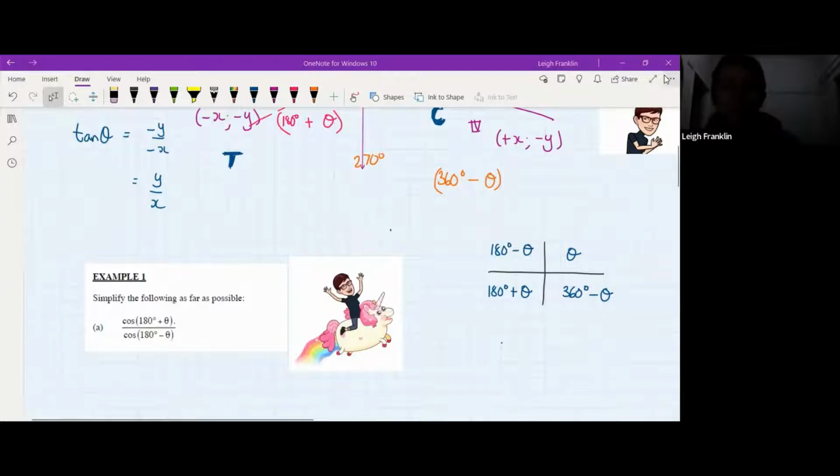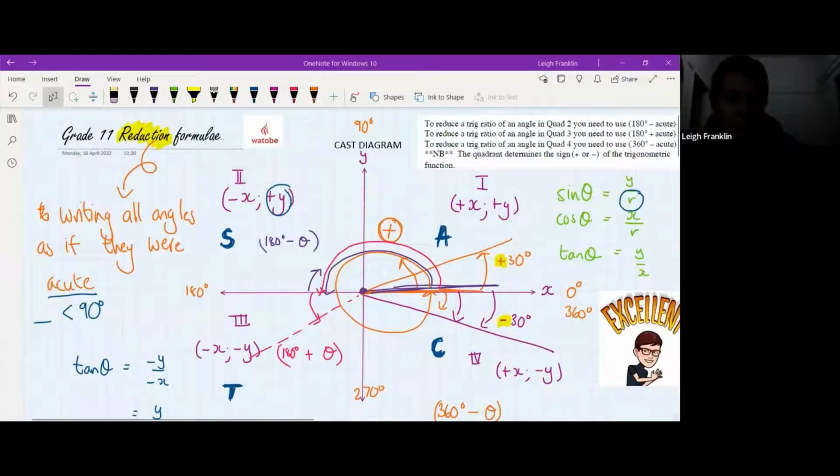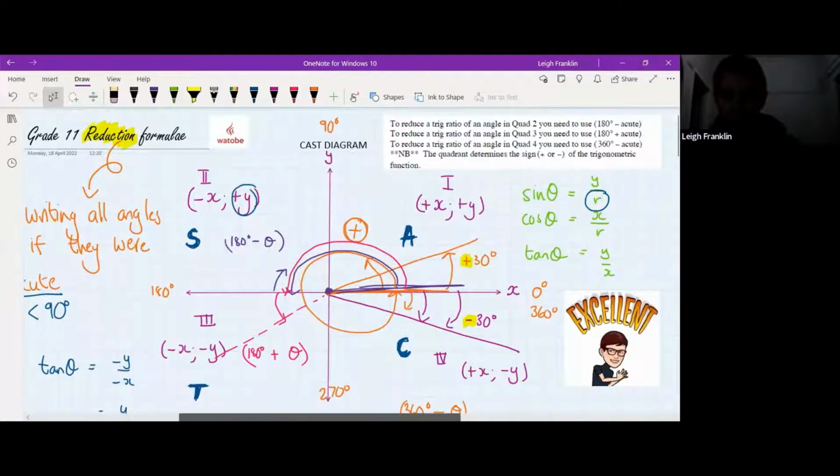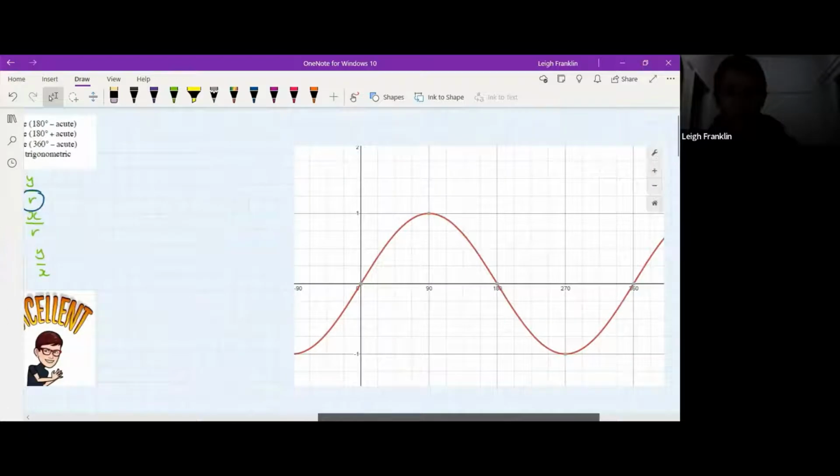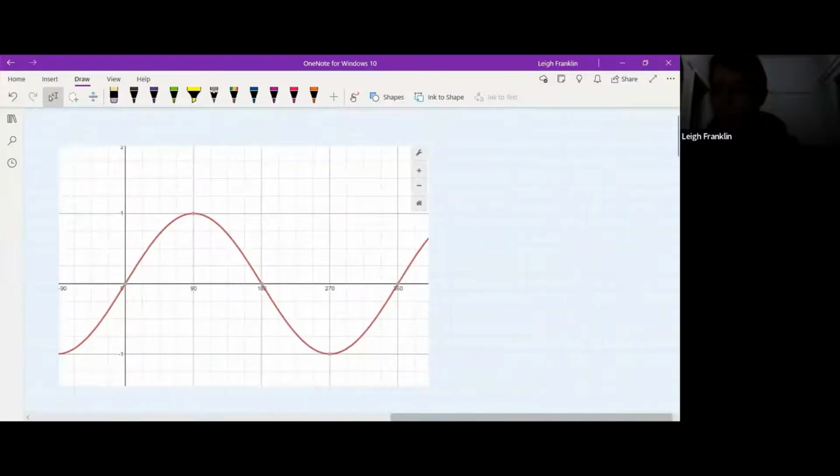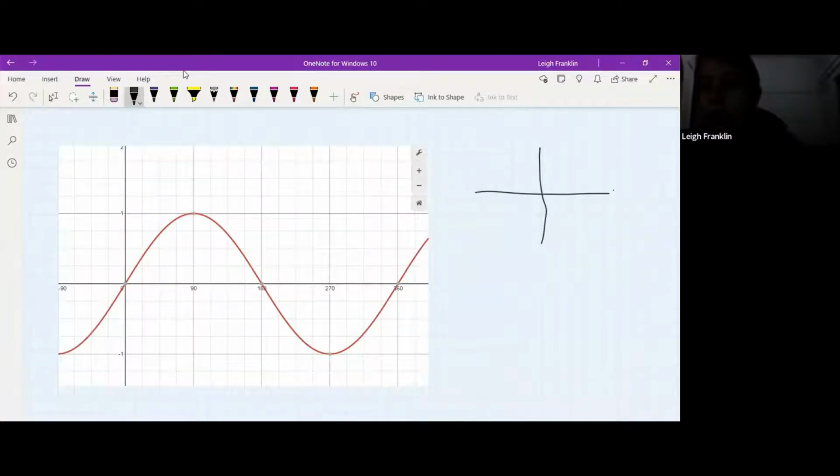It's very important for us to also understand that when we are talking about trig ratios, let's just scoot over to the side here. I've already put these graphs here. When we are talking about trig functions, we're talking about a series of inputs and corresponding outputs.